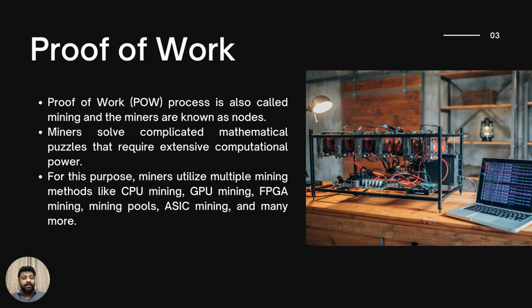So, to solve this mathematical problem, whichever node has got highest capability, that gets the chance to solve the problem and get a chance to be a miner. So, whichever nodes mine this particular block is incentivized.